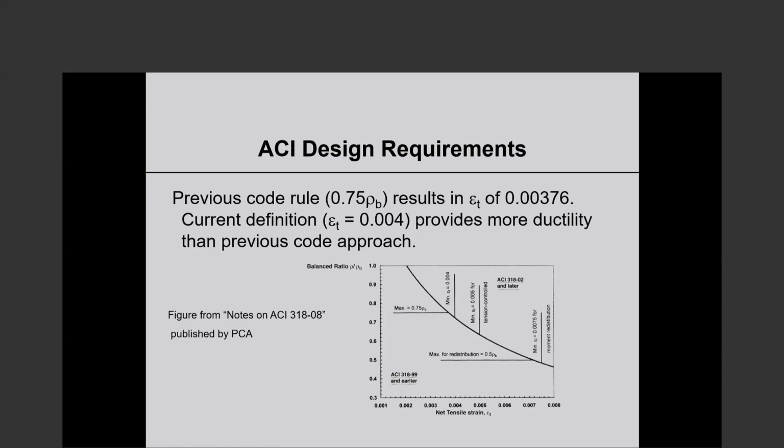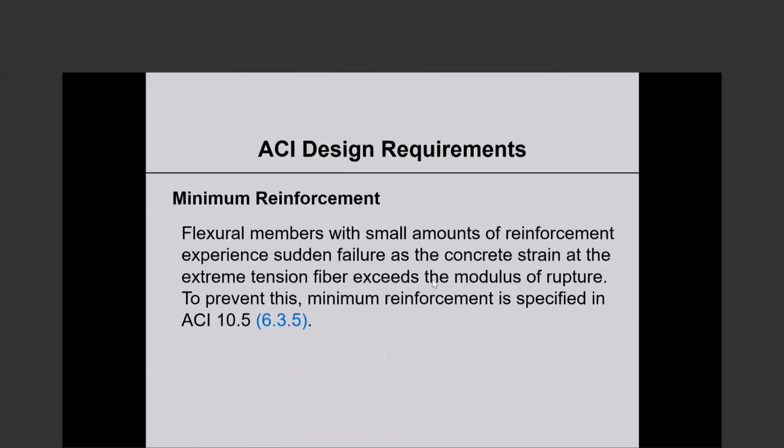And back in those days, we could not take any moment redistribution if the tension reinforcement exceeded half of rho balanced. Okay, so I think this is a very nice figure to correlate past practice with what we are doing now.